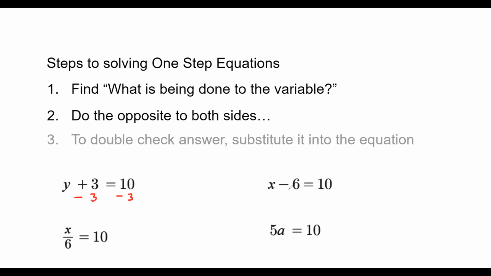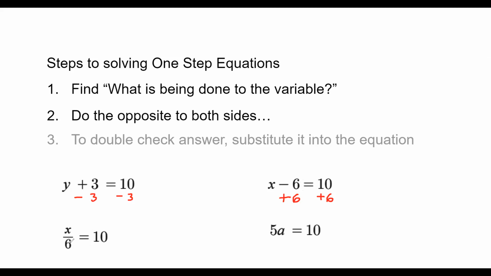Let's look at this next one to the right. What's being done to the variable? We are subtracting 6. That means we should do the opposite, which is addition, and the same number. We should add 6 to both sides. Next one, X is being divided by 6.